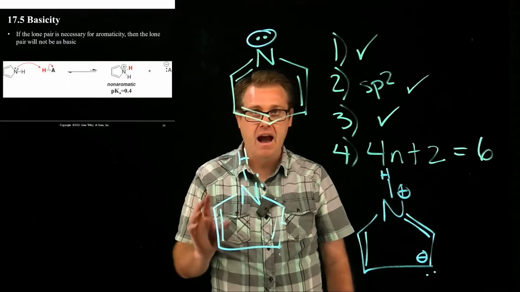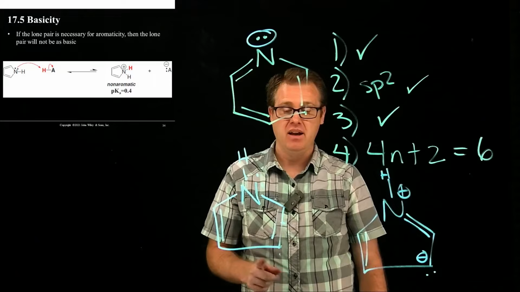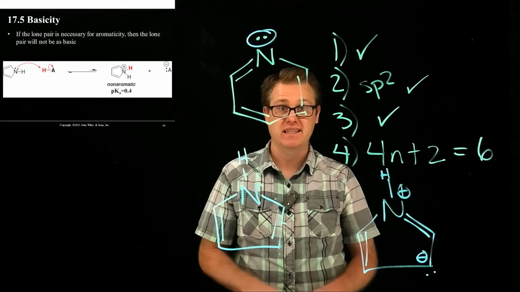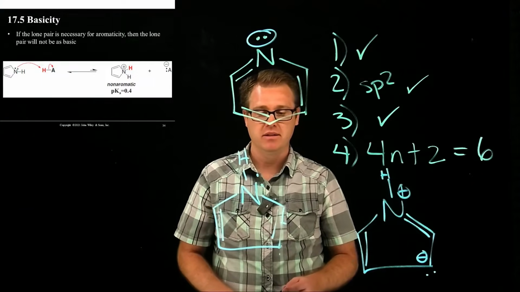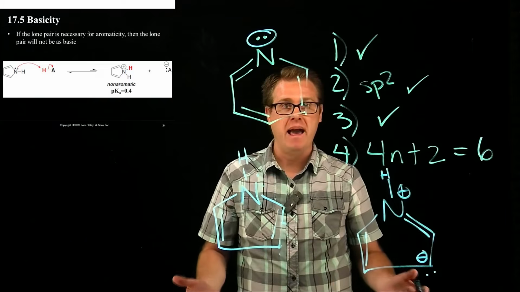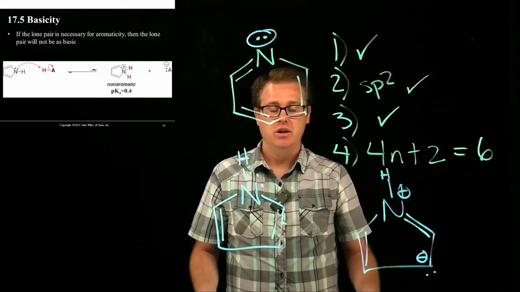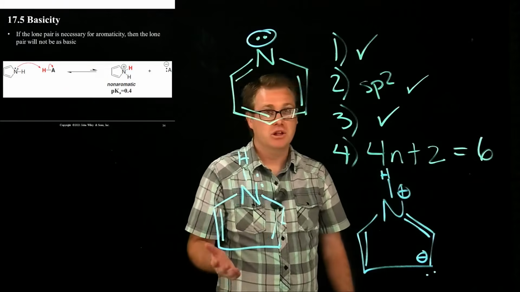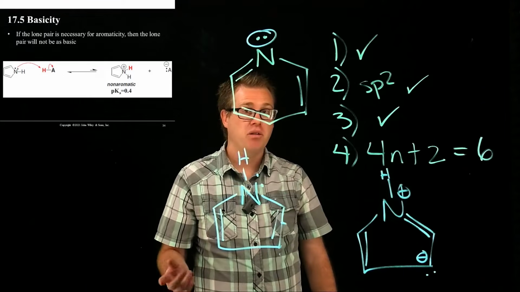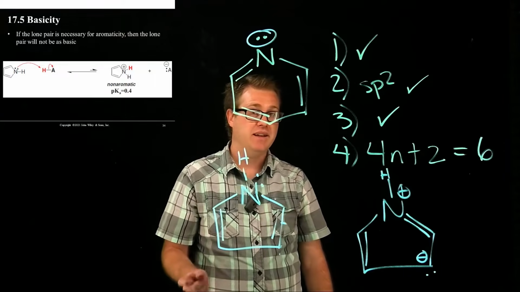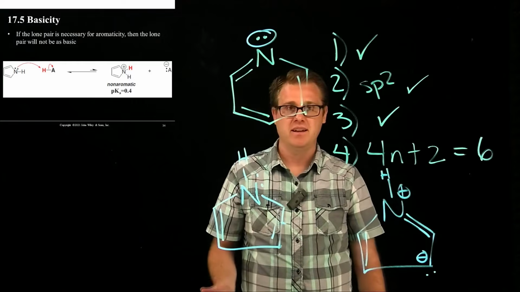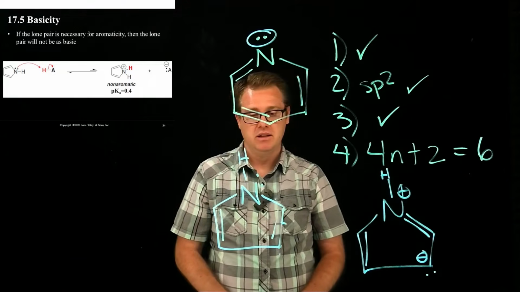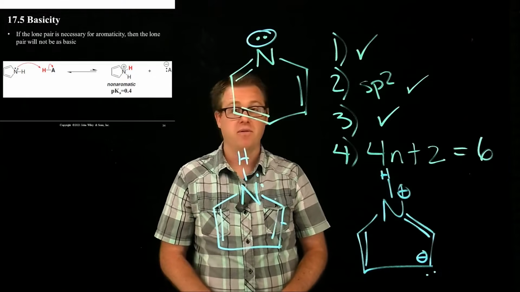And then what happens to the aromaticity of pyrrole when it accepts that proton? It becomes non-aromatic. So pyrrole doesn't act as a strong base, because if it did, it loses aromaticity, loses that stability. So it's not basic or very basic at all.